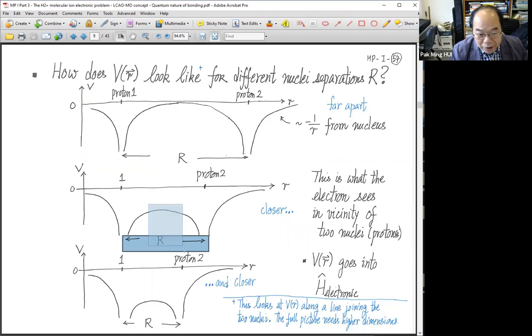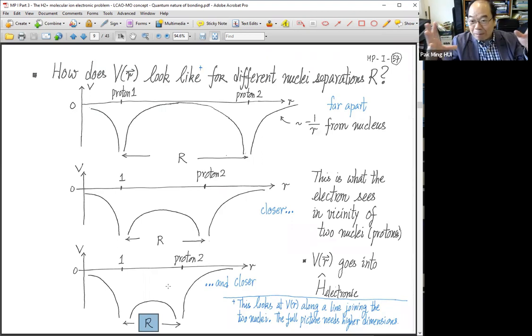So here the potential energy function is actually lower, and further reducing the separation, it is even lower. So that may be advantageous for one electron to live in a bigger space, so it could see proton number one and proton number two, and then do something about the wave function to lead to binding. And that is exactly the idea.